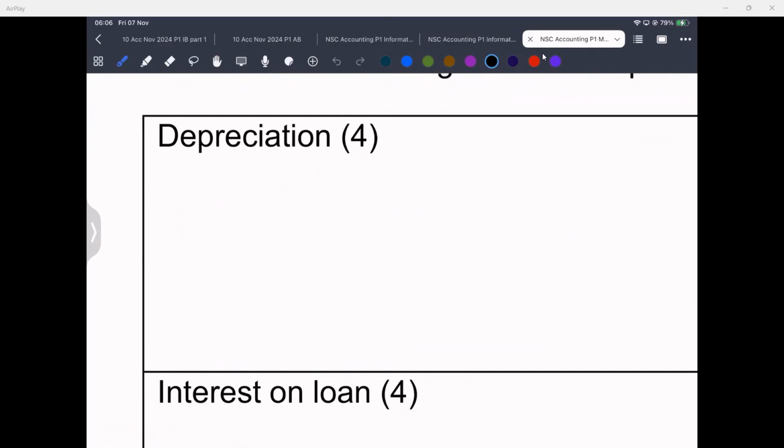It starts with balance at the beginning of the year, which is the carrying value at the beginning of the year. What does this Betty stand for?